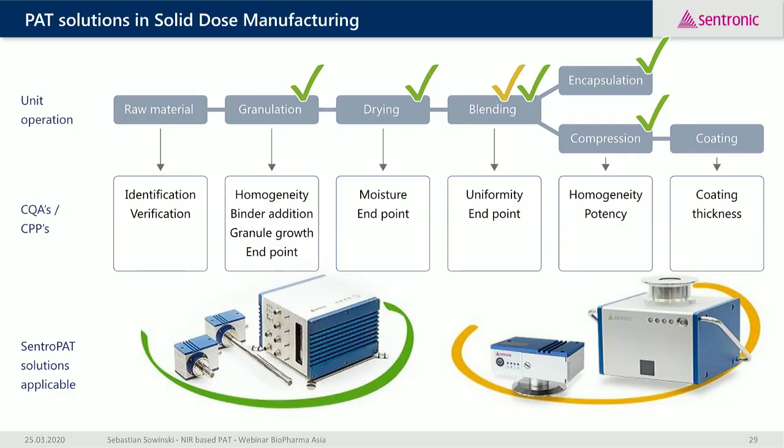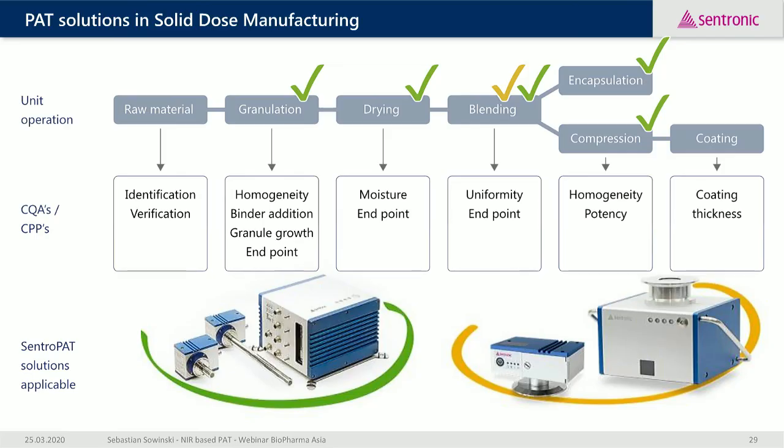For blending, we have to differentiate between batch processing on the one hand and continuous processing on the other hand. The main process parameter or critical quality attribute here is, of course, uniformity, the content of the active ingredient. In case it is a batch process, also the endpoint of the process itself.